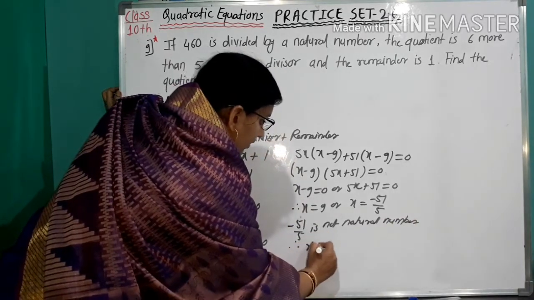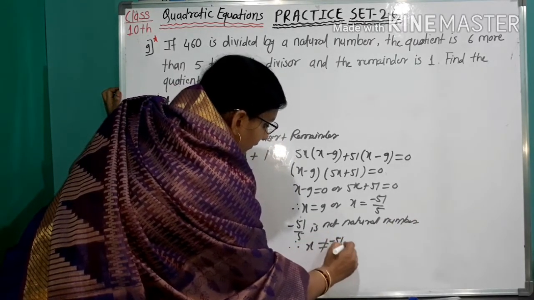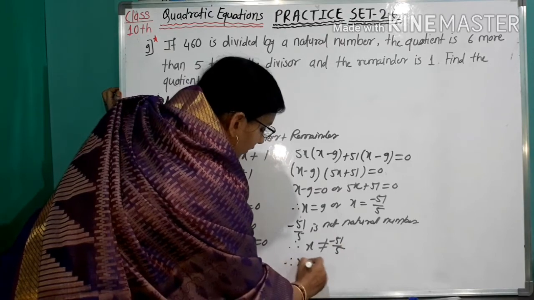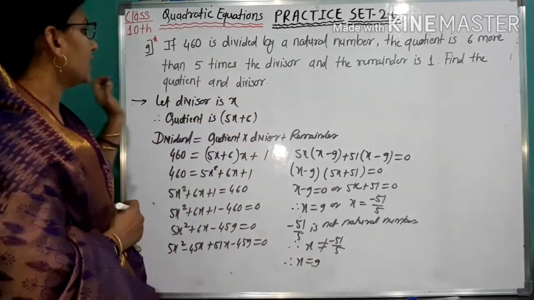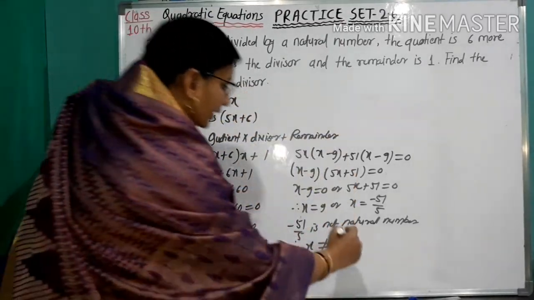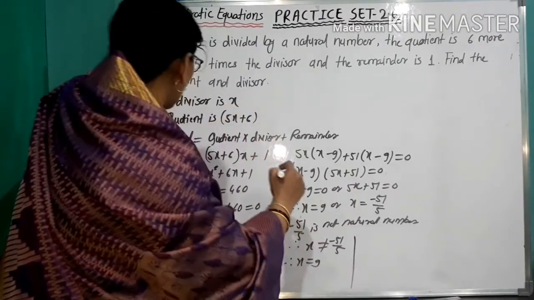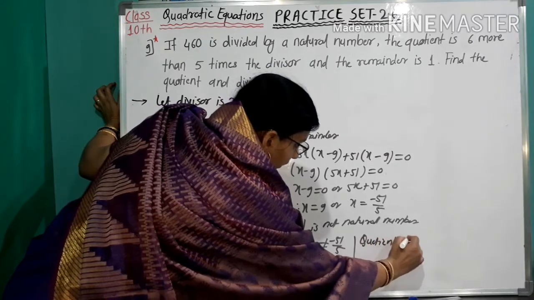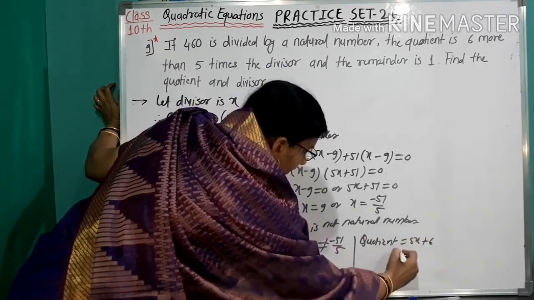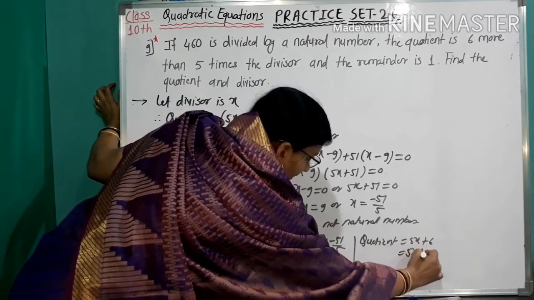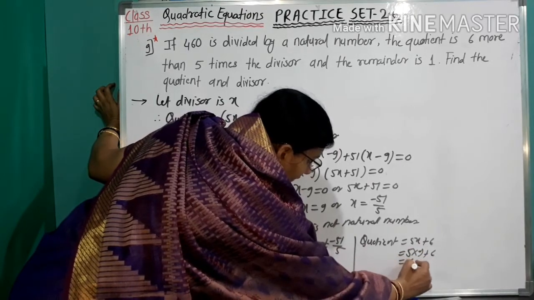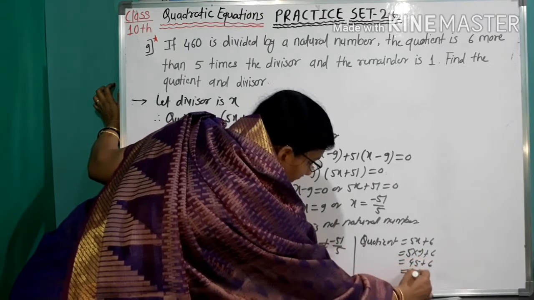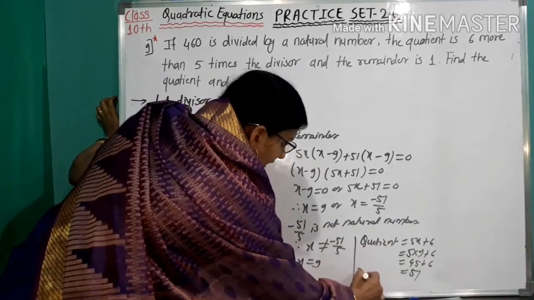Therefore x is not equal to minus 51 by 5 and therefore x equal to 9. Here divisor is 9, therefore find the quotient. Quotient is 5x plus 6. 5 into 9 plus 6, that is 45 plus 6 equal to 51, and divisor is 6.